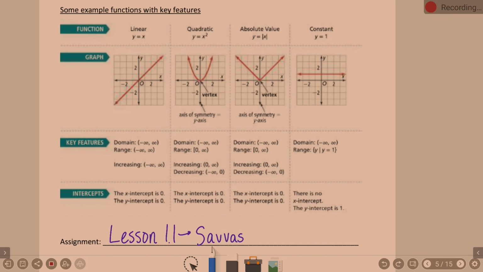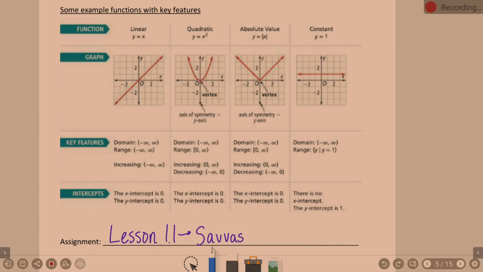Generally what they've talked about here is the domain and range on each of these. The domain on all of them is negative infinity to positive infinity because they all go infinitely left and right. The range on the line goes infinitely low and high. On these middle two, they start somewhere and go up, and that's where you see the range.